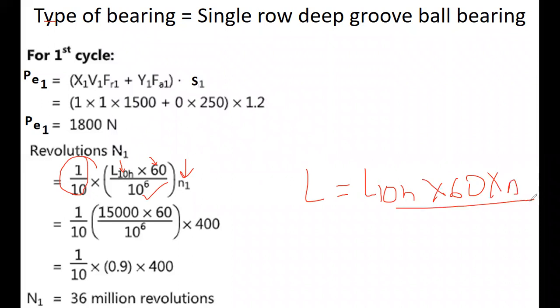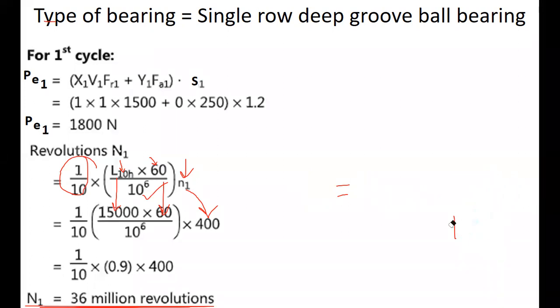So L10 is 15,000 hours given, 60 is by default, N1 is 400, we have selected from the table. So N1 is 36 million revolutions. N1 we have found out as 36 million revolutions. Similarly, we will proceed for the rest of the cycle.